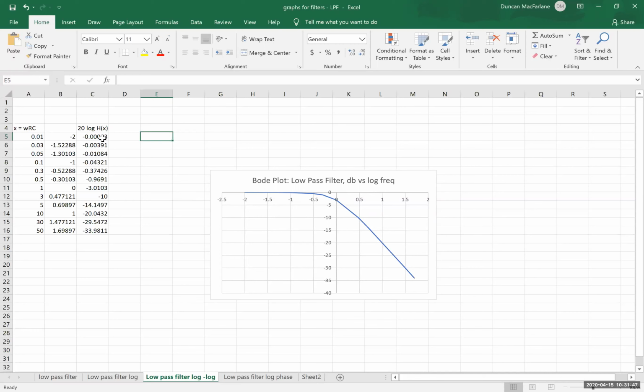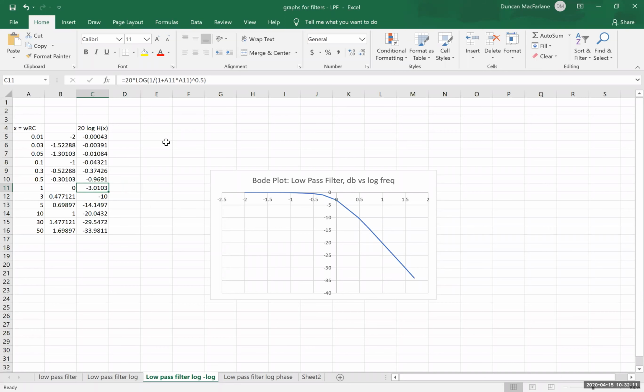Now, so this is just 20 log. 20 times 0.7 is 3. Is that right? Yeah, I think that's right. No, that's not right. Anyway, I'll have to double check that.